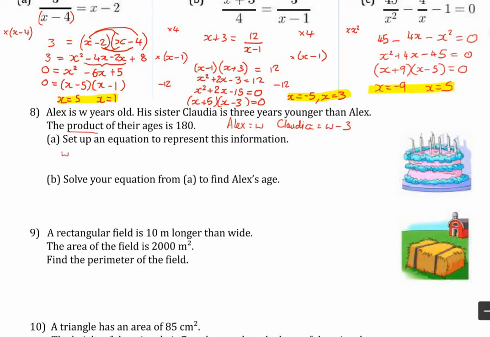So w times w minus 3 is 180. There's a quadratic. I'm going to expand it out just to show. W squared minus 3w, 180. Just going to bring it up here and make it equal to 0 by subtracting 180 from each side. And then we're ready to factorise.